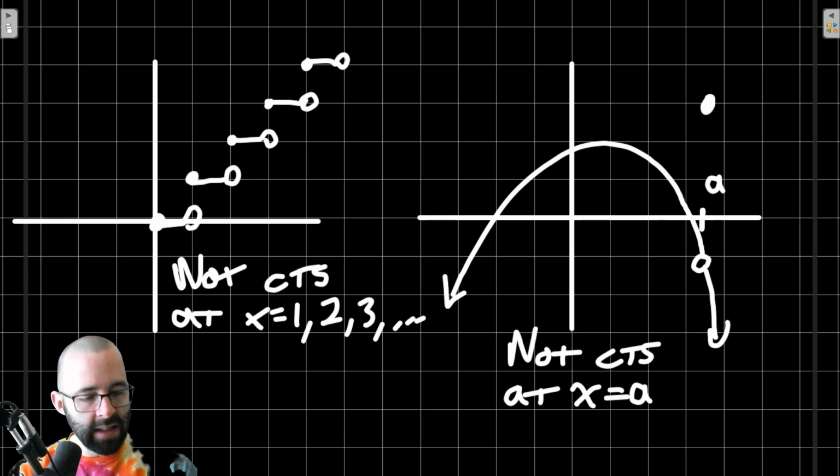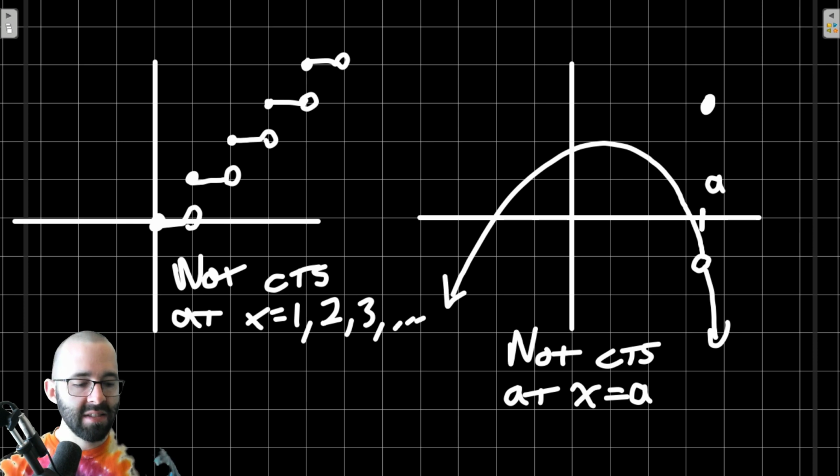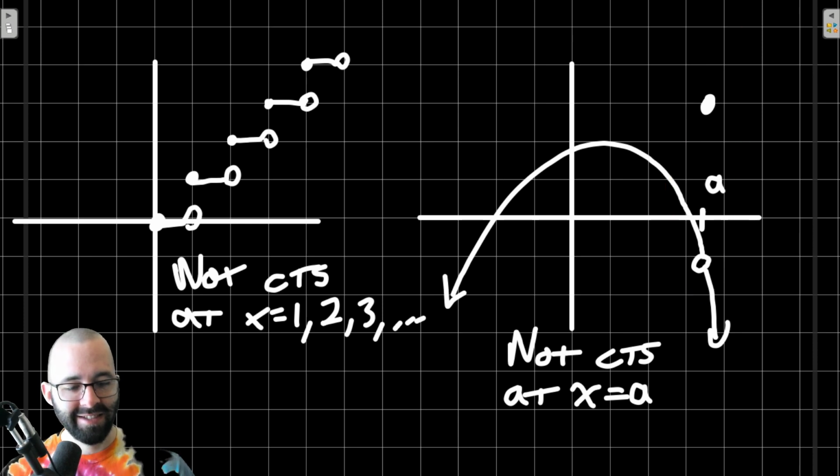You can see here the limit is actually this y coordinate right here, but the function value is way up here. So the limit is not the same thing as the function value in this case. So it's not continuous at x equal to a. Again, continuous at an infinite number of places, and this is the only place that it's not continuous.